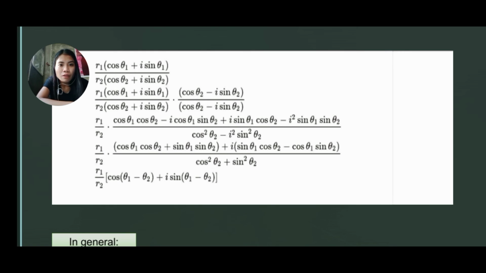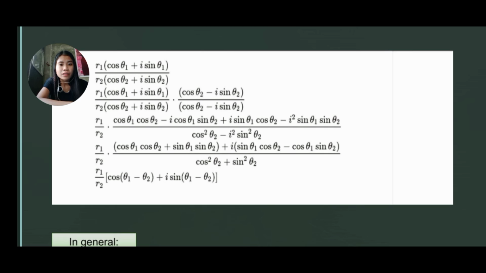So therefore, we have r sub 1 over r sub 2 multiplied by cos theta sub 1 cos theta sub 2 minus i cos theta sub 1 sin theta sub 2 plus i sin theta sub 1 cos theta sub 2 minus i squared sin theta sub 1 sin theta sub 2, over cos squared theta sub 2 minus i squared sin squared theta sub 2.